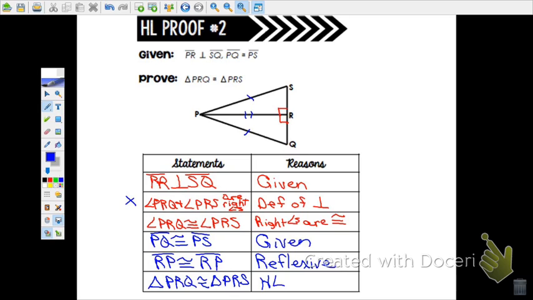If it's a fill-in parts, like we typically see on our quizzes and tests, you would need to be able to process through like we see here. If it was one that you were completely doing on your own, we probably wouldn't write in that middle step. So that is it for this lesson on using the hypotenuse leg theorem.